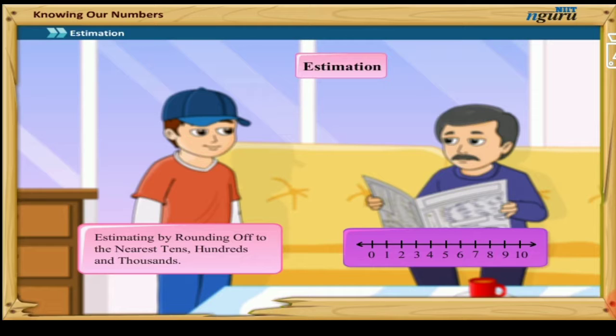We can also round off 4 or more than 4-digit numbers to their nearest thousands. If we consider the numbers from 0 to 1000, then the numbers 1 to 499 will round off to 0. And numbers from 500 to 999 will round off to 1000.